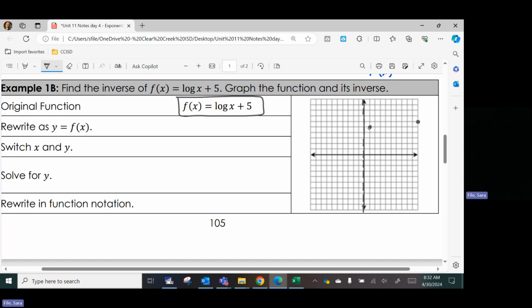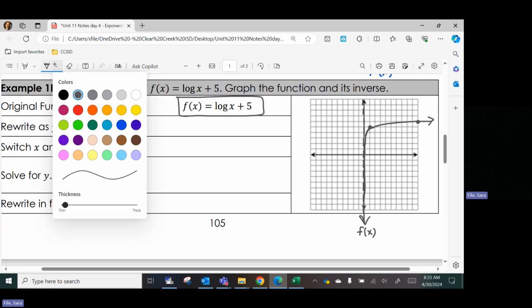So now I've got a couple points and my asymptote, and I can use those to sketch my curve. My curve should not have come back out away from the asymptote like that. I'll try and draw that better. So this is the original function.